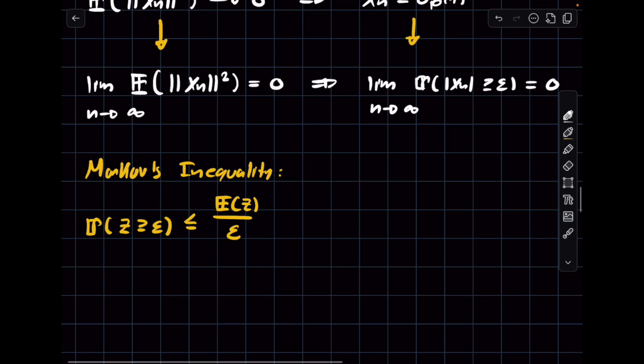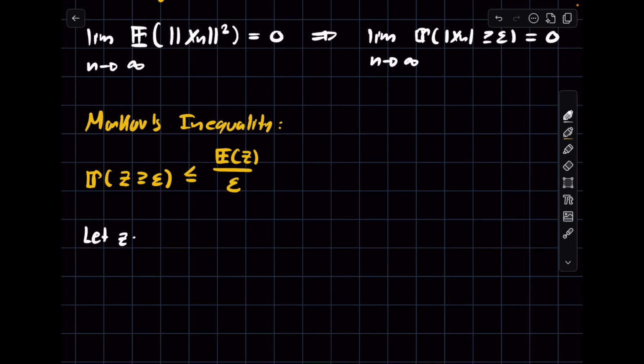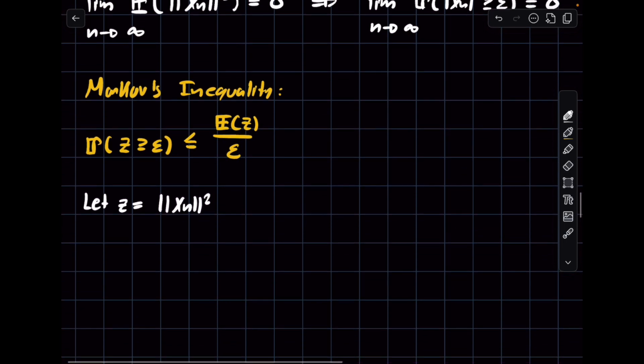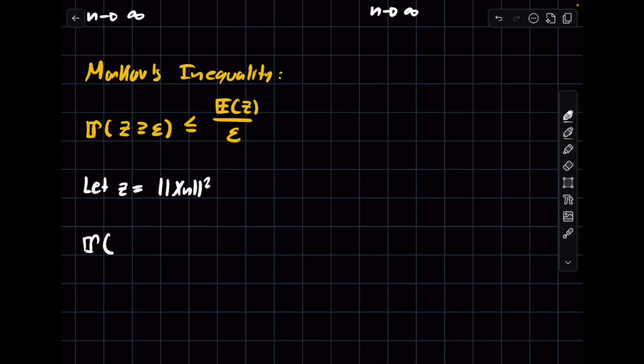So in this case, we're going to let Z be equal to X_n squared. Actually, let's just do something easier and write it like that. Then the probability of Z greater than epsilon has to be equal to the probability of |X_n| greater than epsilon.